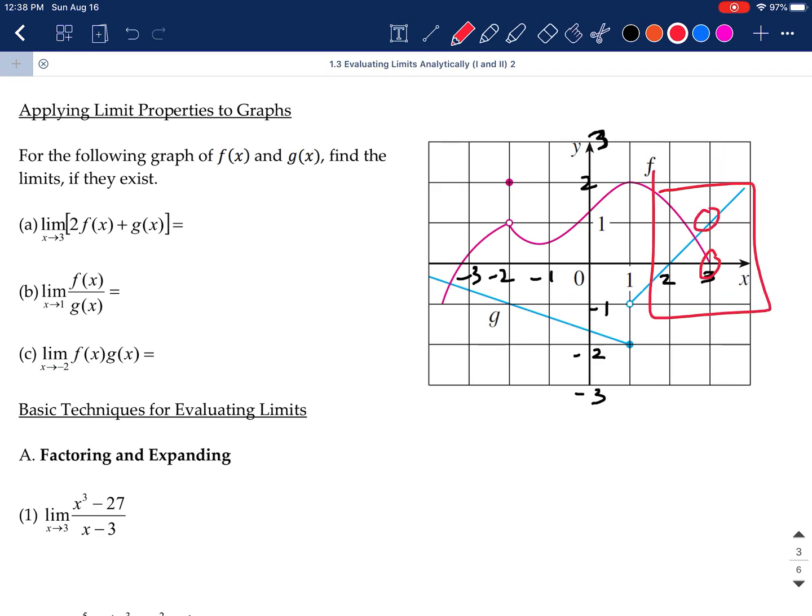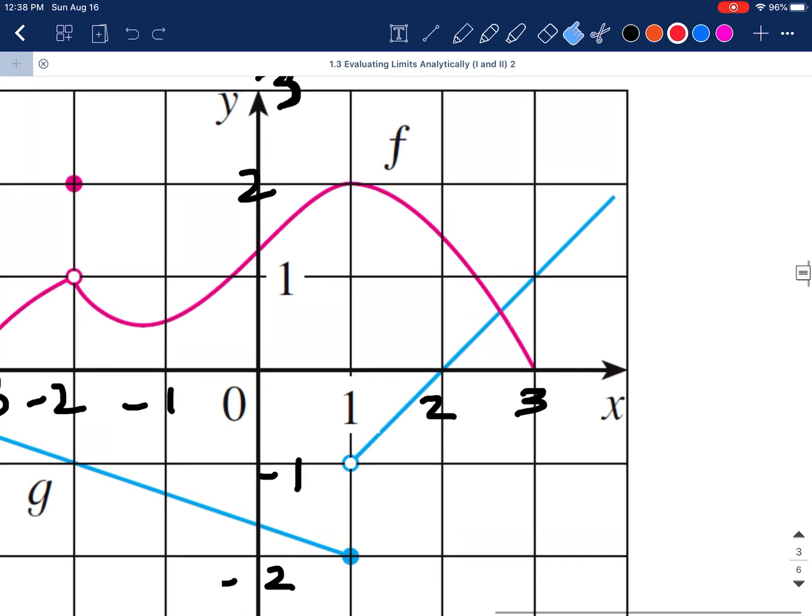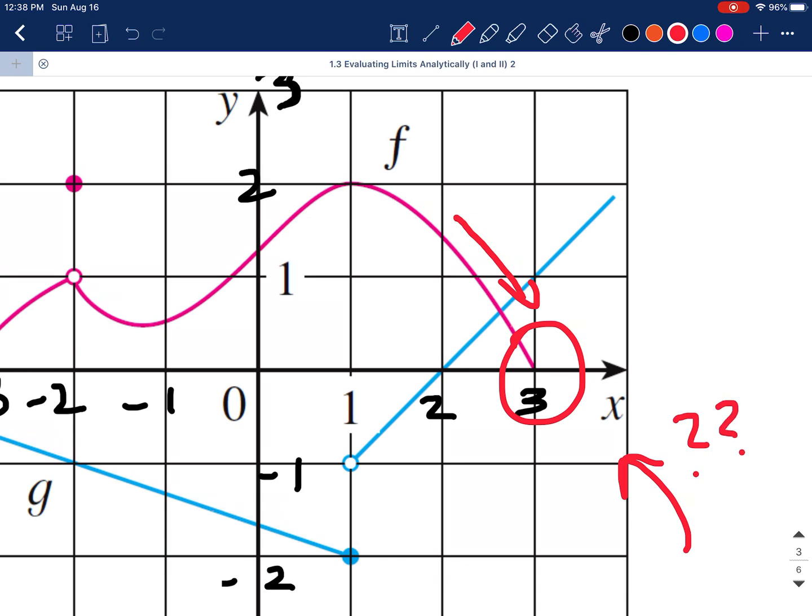So we've got our two graphs there, and we have a bit of a problem. If we look at f, what is the limit of f at 3? From the left, I can see it's approaching 0. What about from the right? Well, there's no graph, right? Our domain ends.